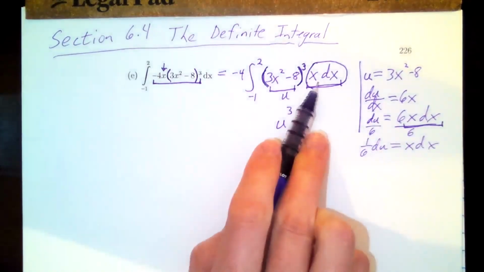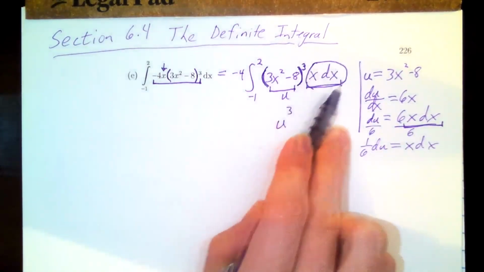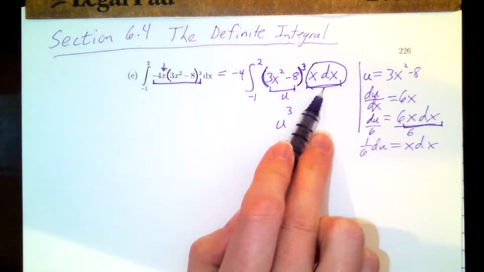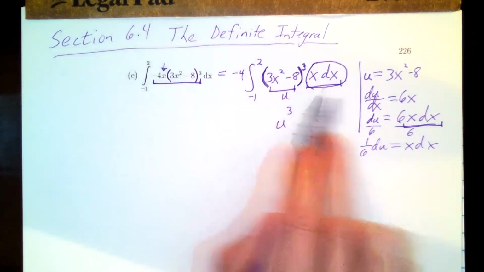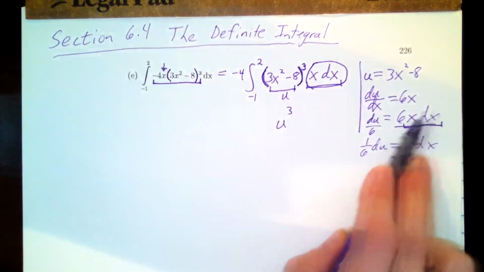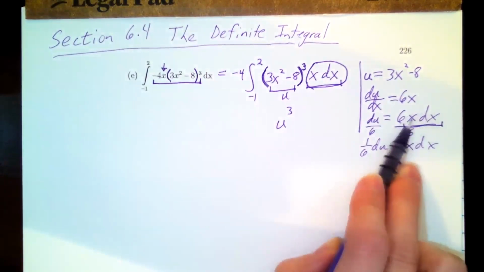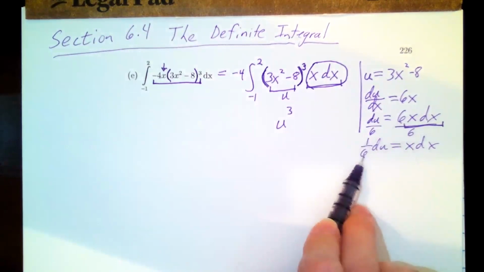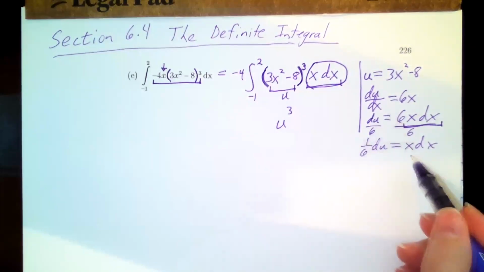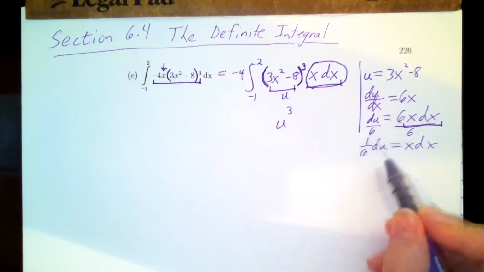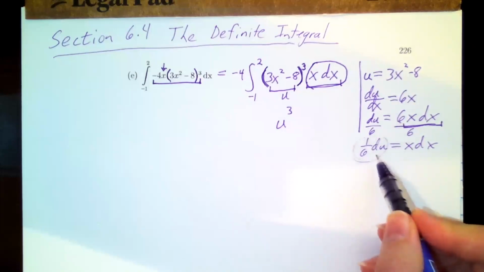So you look to try to find, well, this is the piece that I still have to remove and replace. Where is that? What can replace x dx? Well, here is x dx. To find the replacement for it, you solve for x dx. In this case, I divided both sides by 6. So what you find is x dx should be replaced with this part, 1/6 du.